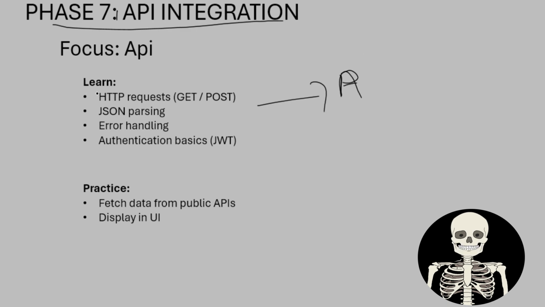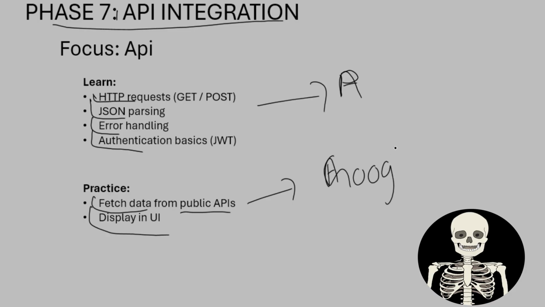We're going to learn HTTP requests, JSON parsing, error handling, and authentication basics. After that, we're going to fetch data from public APIs and display it in the UI, APIs like Google Maps APIs and other APIs like that. We are going to learn how we can get them and how we can use them in our apps.